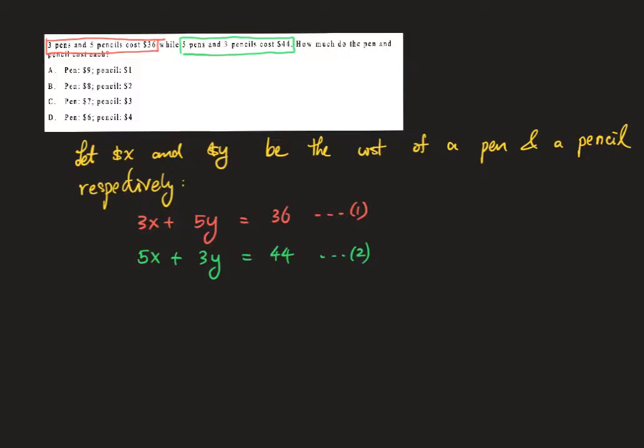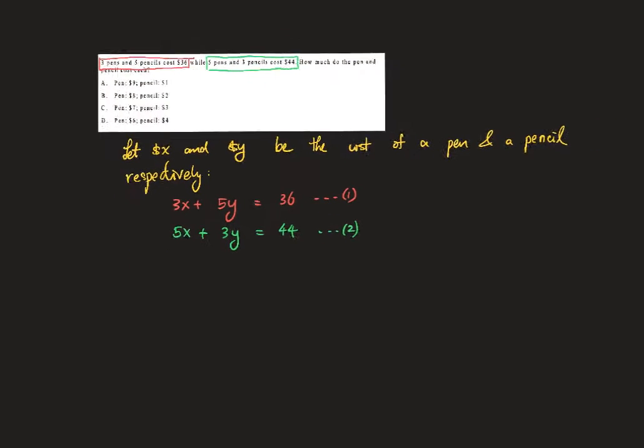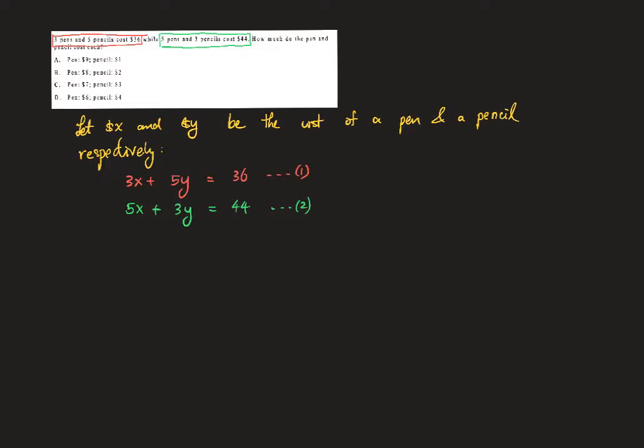At this point, we need to solve the simultaneous equations. This time, I will use the method of elimination. Let me show it to you. First, I need to multiply the first equation by 5.